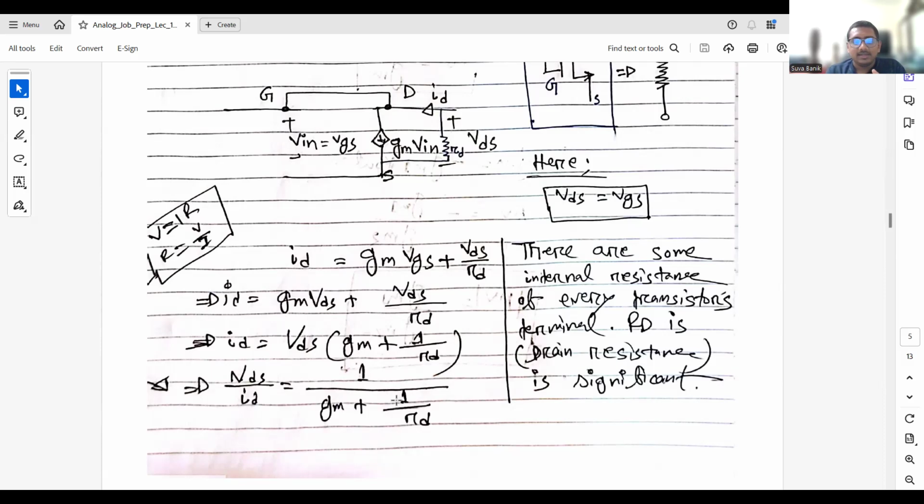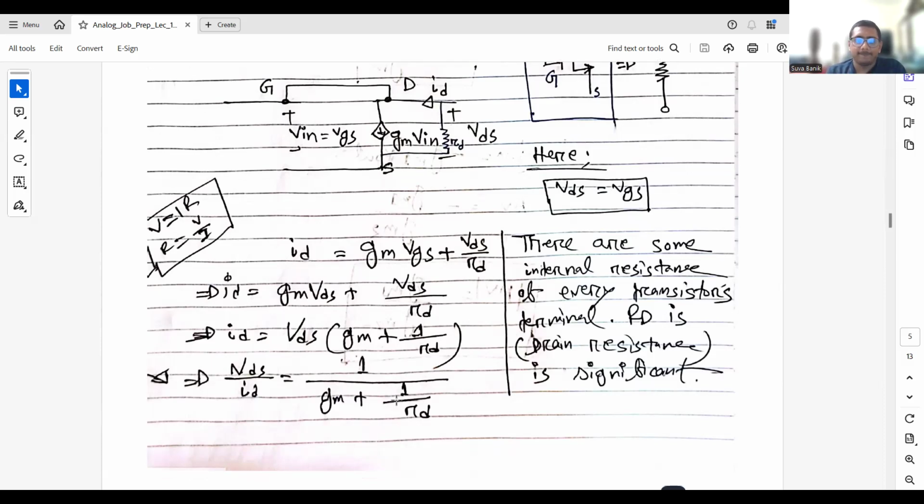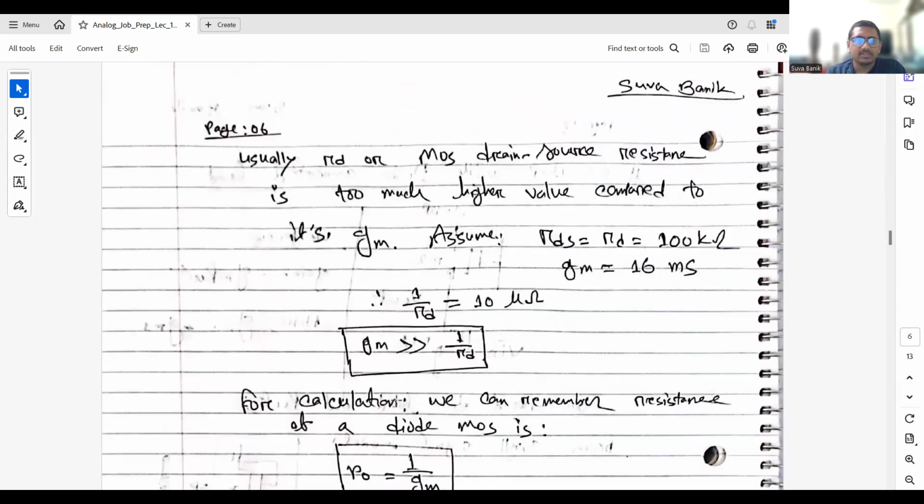As an analog designer or layout engineer, you have to remember that we can consider the output resistance of a diode connected load, whether it's PMOS or NMOS, to always be 1 over GM. You should remember this point.